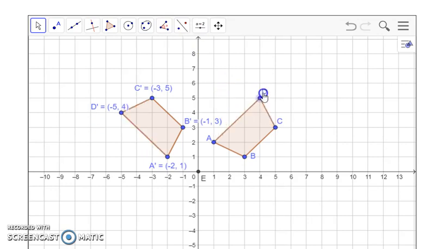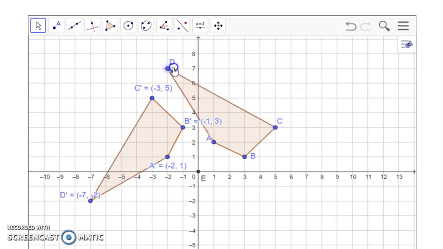And that holds even if I move any of these points. So here I'm at 6, 7. The D prime is negative 7, 6. So it swapped my x and y, and I'm in the second quadrant. And this is where I was saying, now when I go 90 degrees from the second quadrant to the third quadrant, I'm at negative 2, 7.